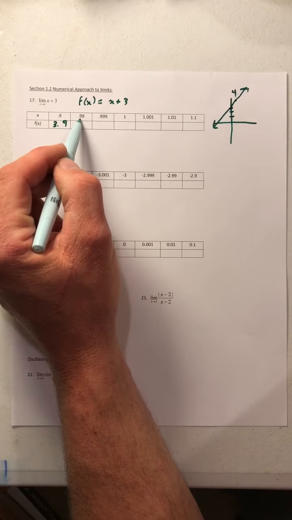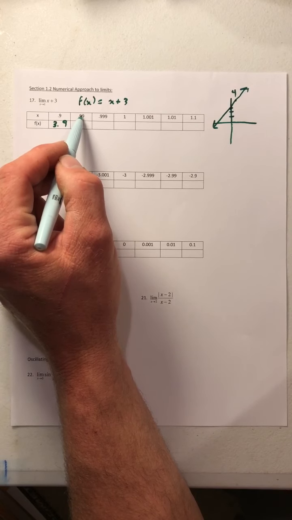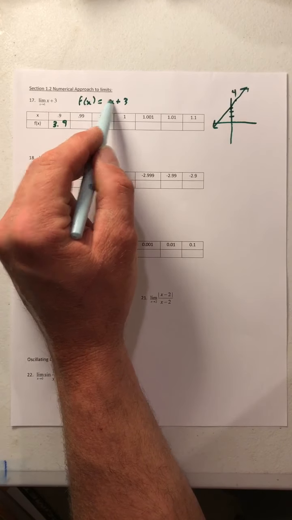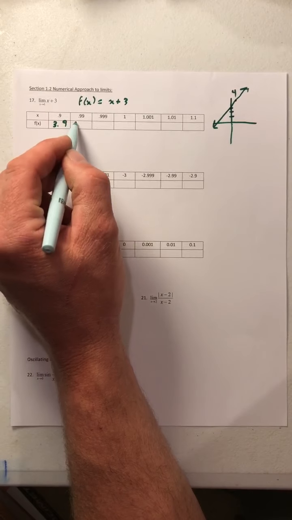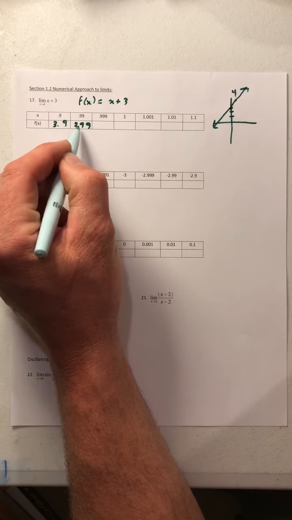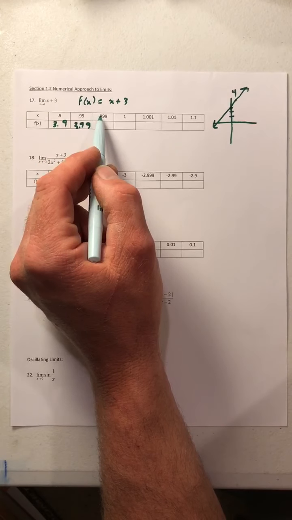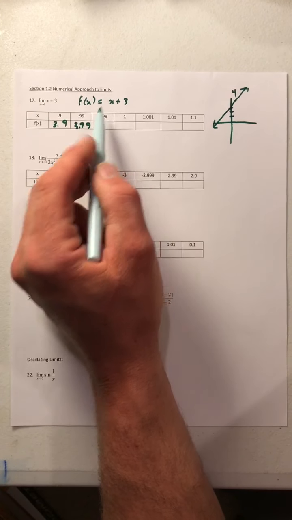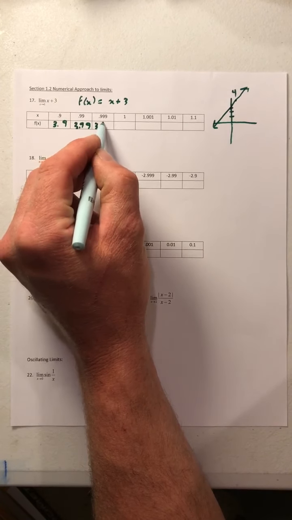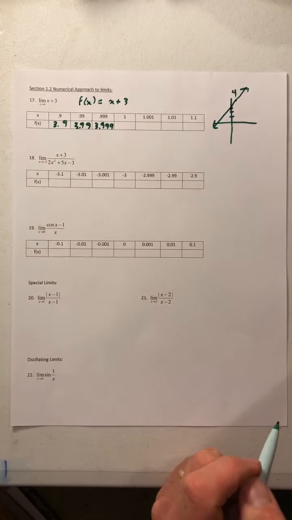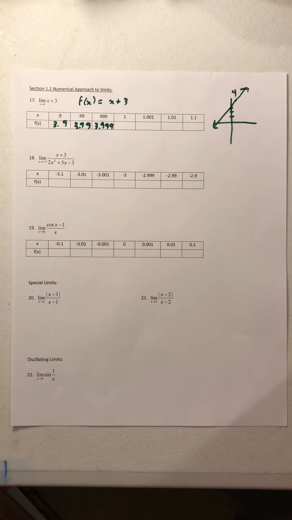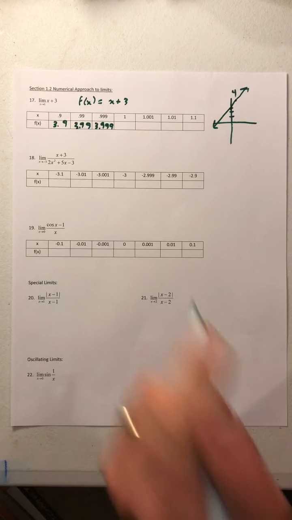As x grows to 99 hundredths, and I plug in my x value for 99 hundredths, I get 3 and 99 hundredths, so 3.99. 999 thousandths, plugging in that, I end up with 3.999.